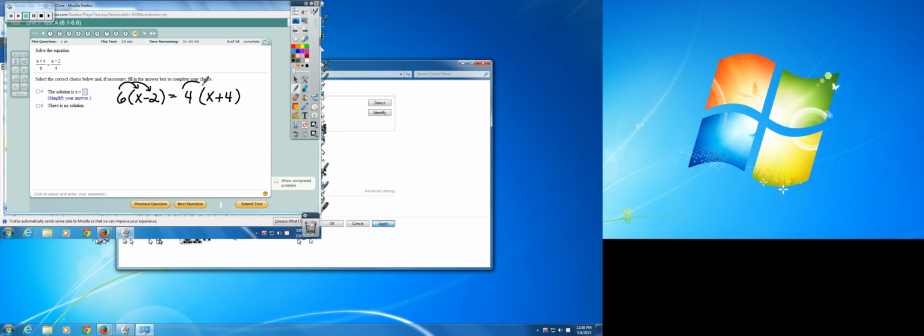Distribute. 6x minus 12 is equal to 4x plus what? 16. 4x comes over, be a 2x.